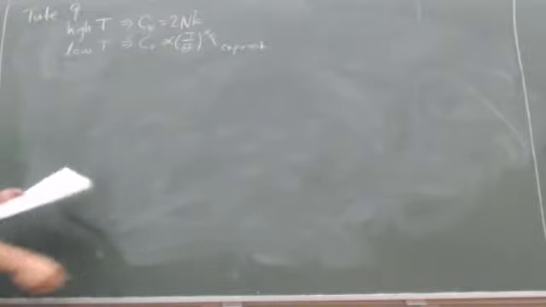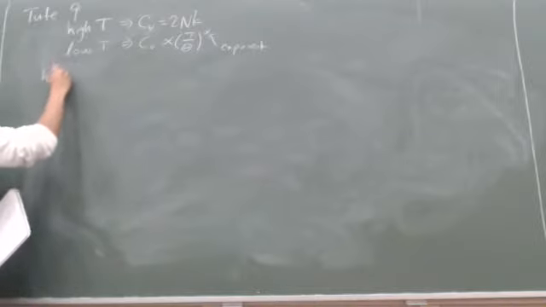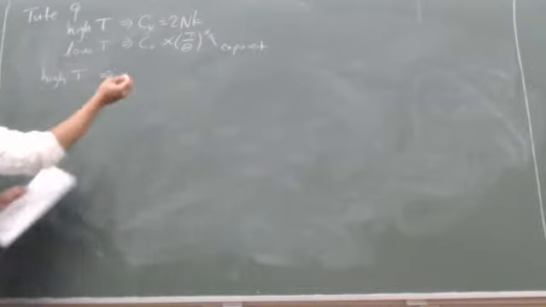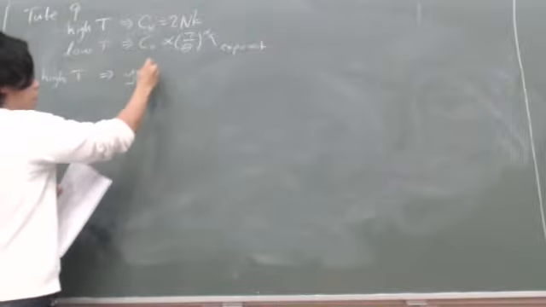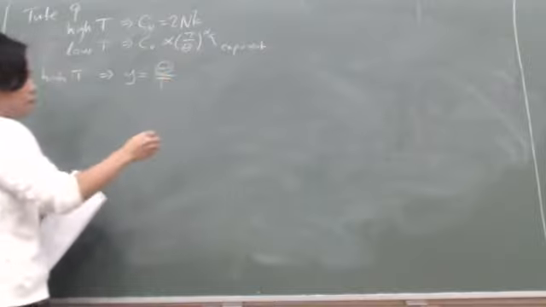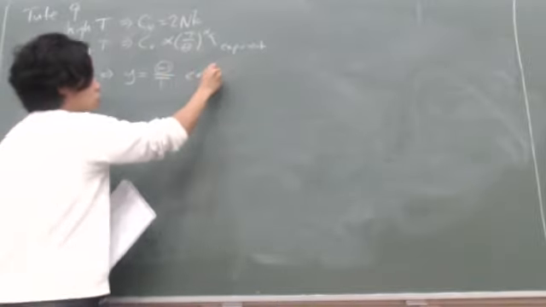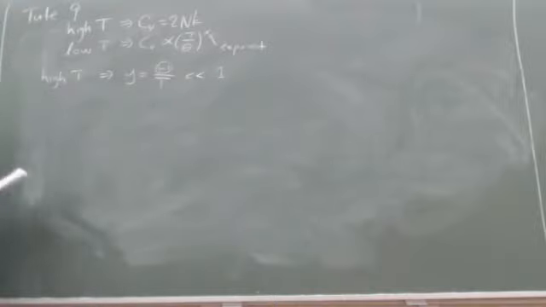Okay, so let's do the high temperature first. So at high T, we can define this variable y equal to theta divided by T. And at high T, when T is very high, this thing is extremely small, so it's a lot less than 1.